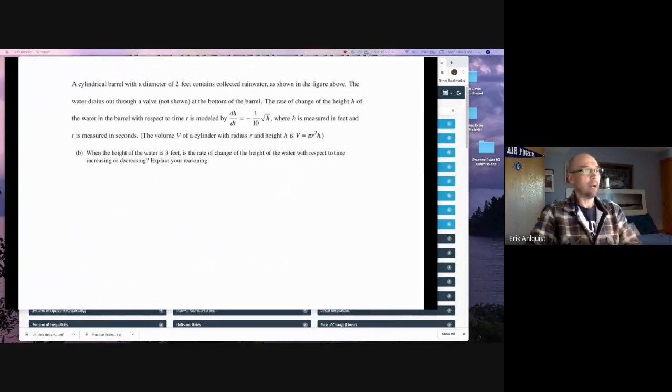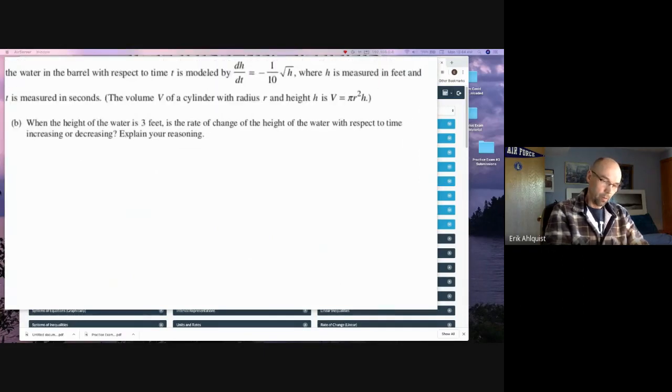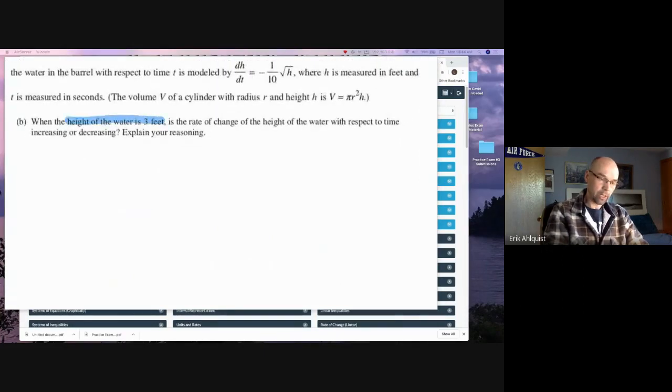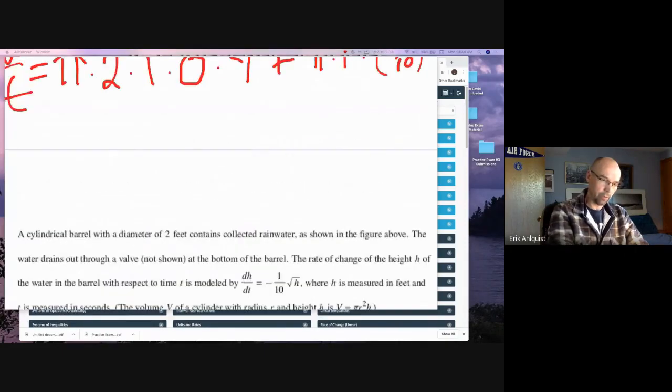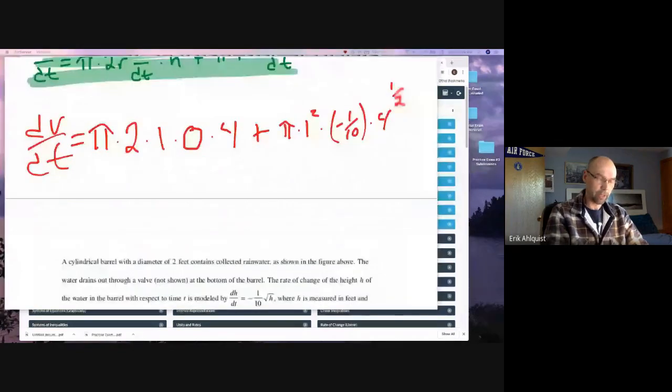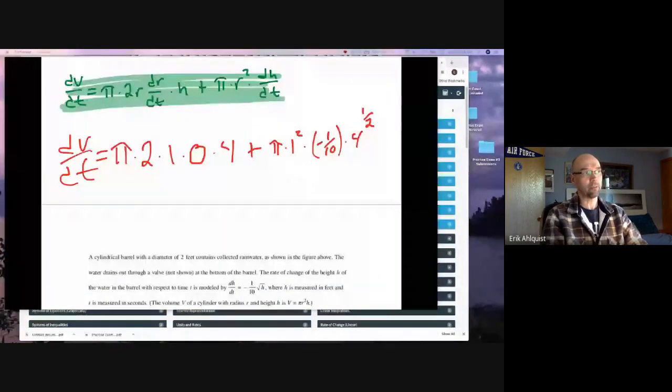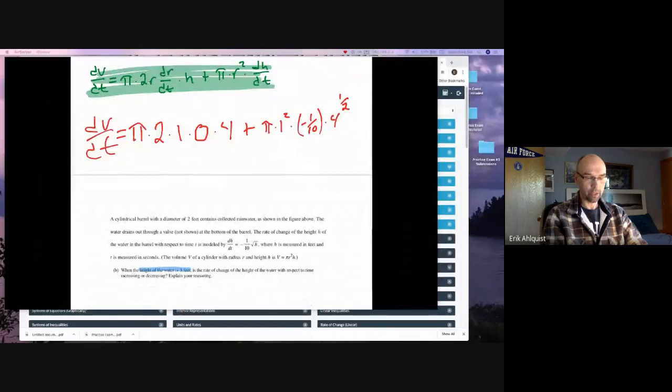Actually, let me back up for a second, because I didn't indicate units of measure, so I wouldn't have gotten full credit for part A. The unit of measure here is for the rate of change of volume, so it's a derivative, and it's going to be per second because time is measured in seconds.